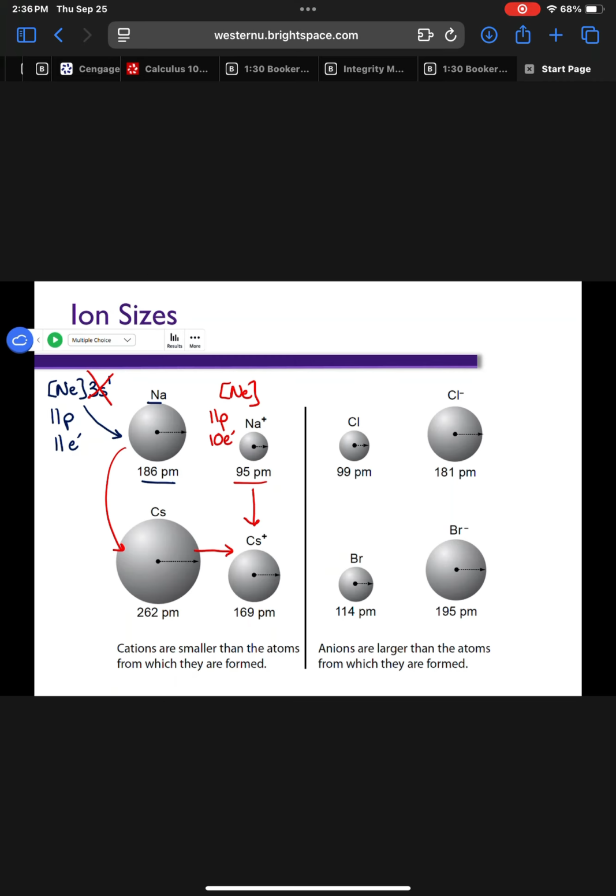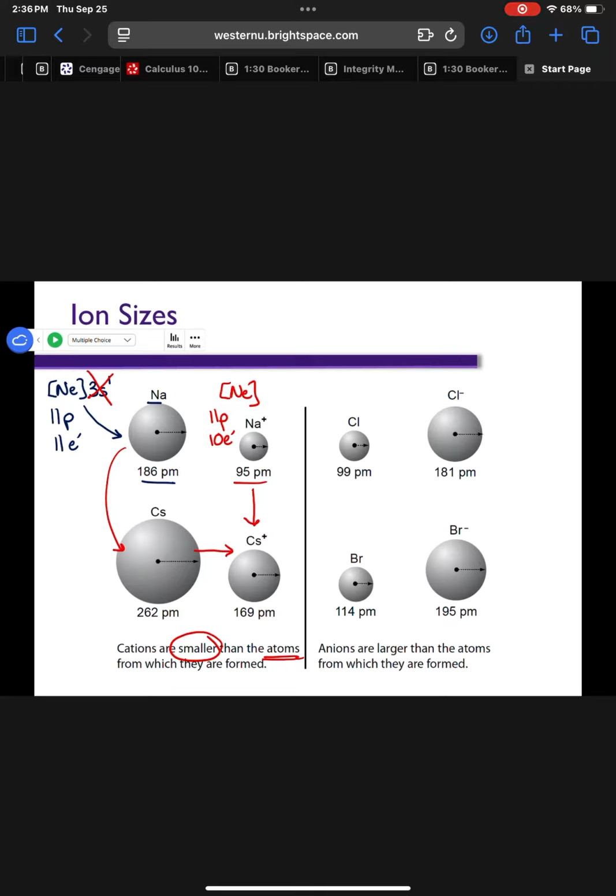If we're comparing +1 sodium to +1 cesium, it's going to have a similar ionic radius trend compared to the neutral atoms. Okay, so cations are always smaller than their related atoms.